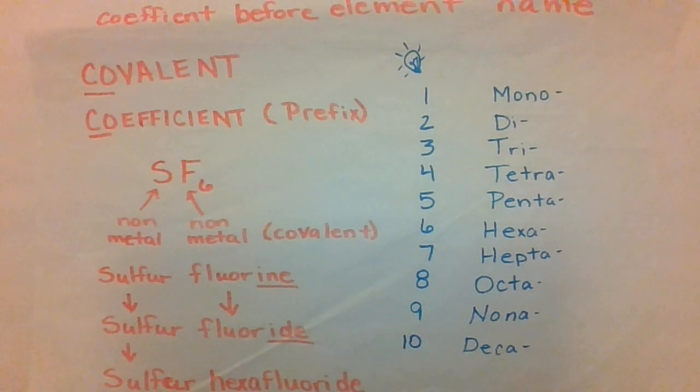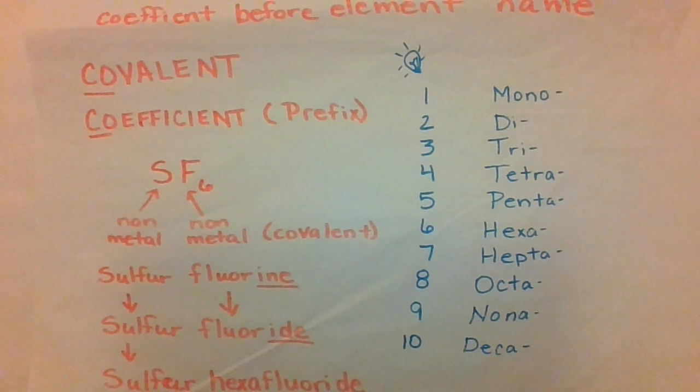Please make sure you go back and take a moment to jot down those light bulb moments and all of the items that have to do with the rules of naming these compounds, because as you go further into your chemistry course, you will see this again in some of your balancing equation problems, making sure that your compounds are in the proper order, meaning which comes first, the cation or the anion.